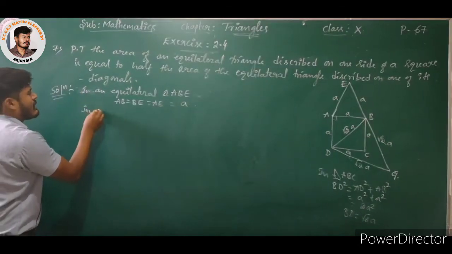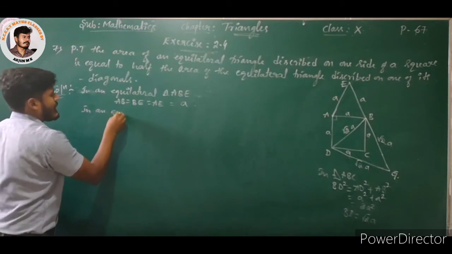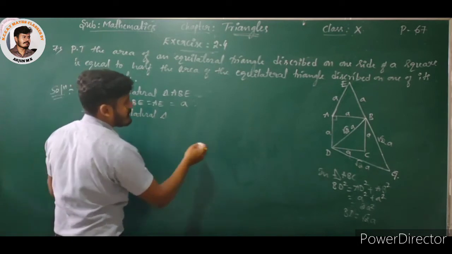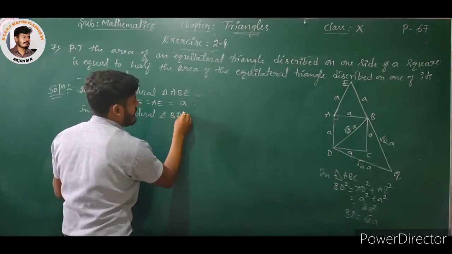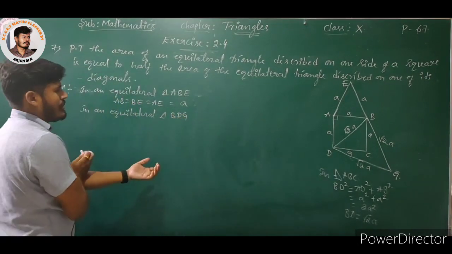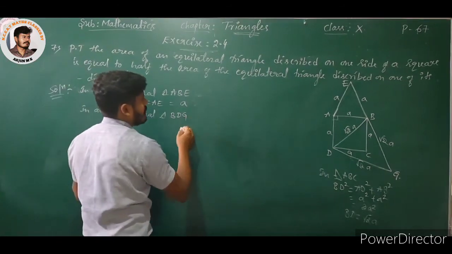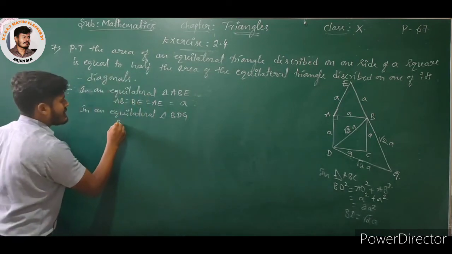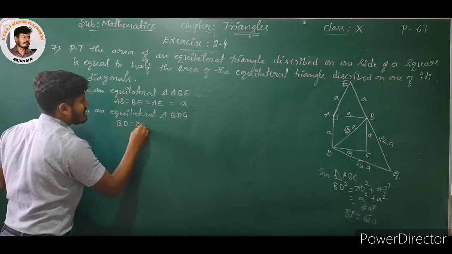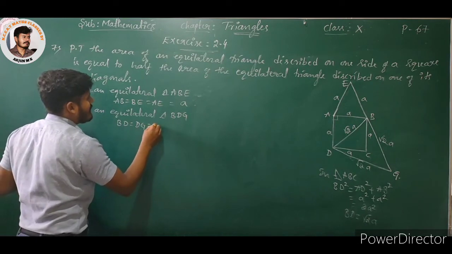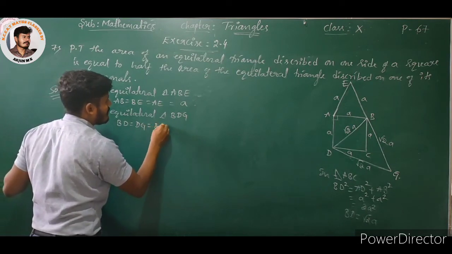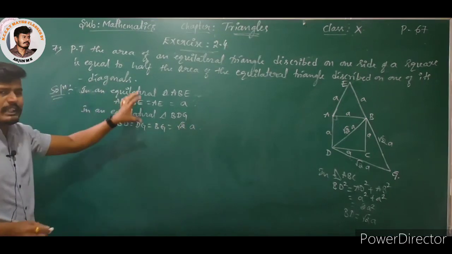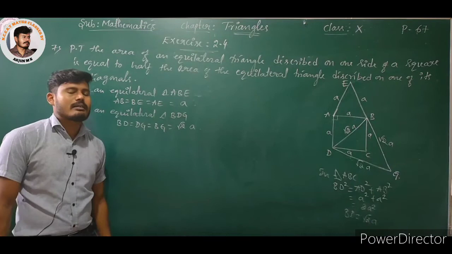Then take down another equilateral triangle, the next one, that is BDG. BD is equal to DG is equal to BG is equal to root 2A units. So these are the measurements of each and every equilateral triangle.